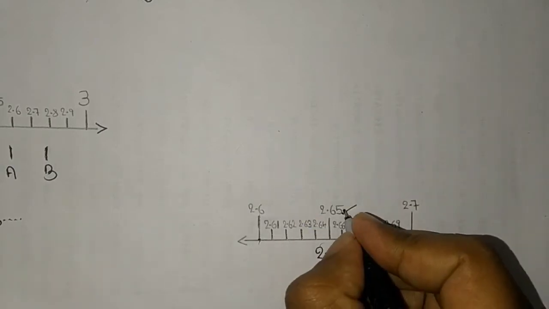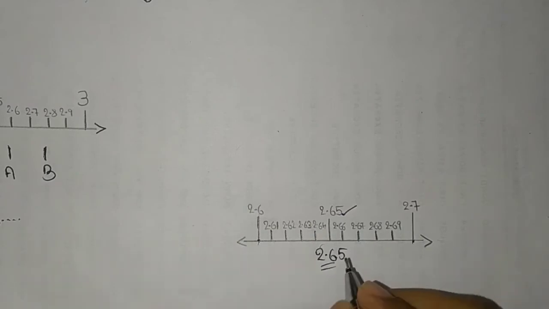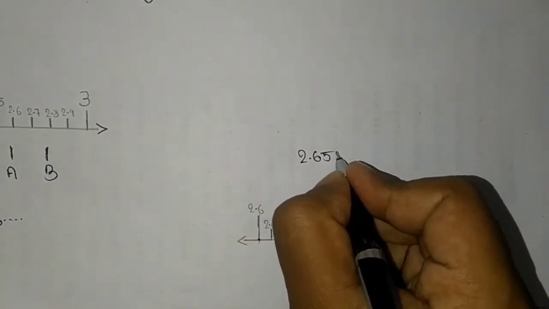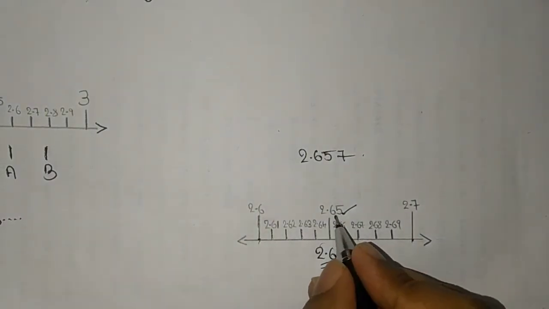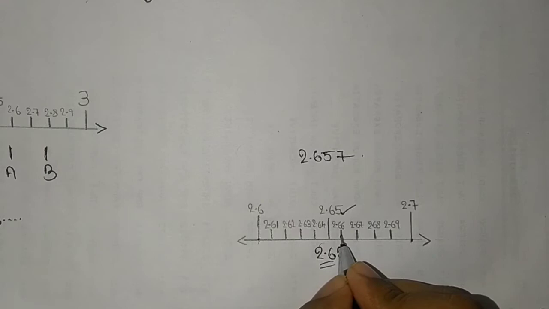If there is an extra digit, let us think there is a number 2.657. This is 2.65, this is 2.66.